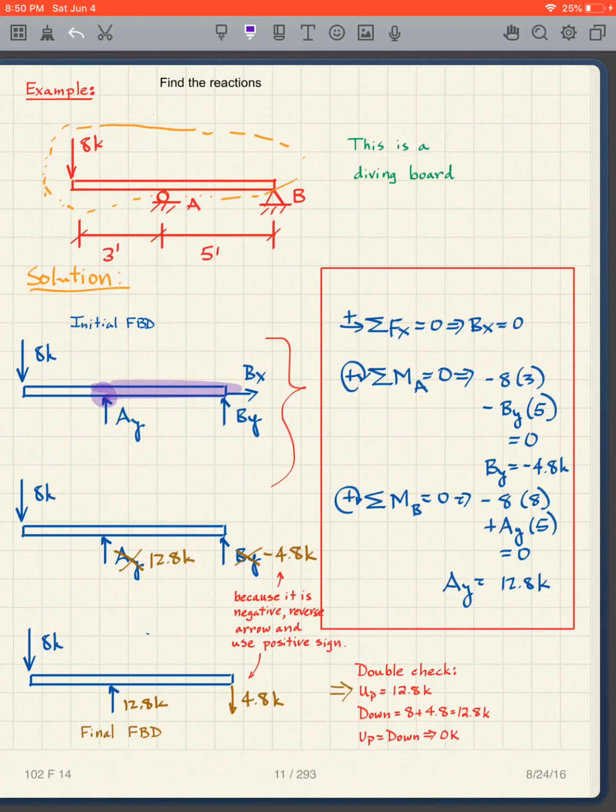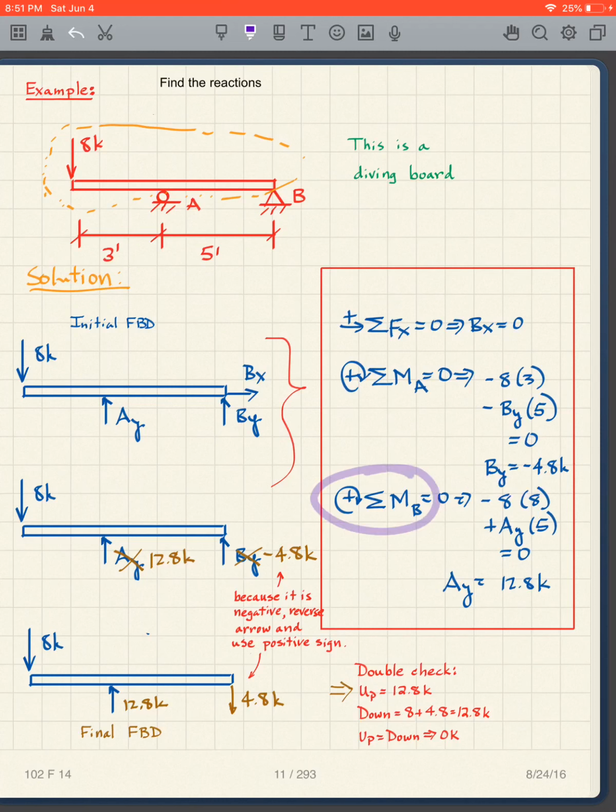For By, there's the hand of my clock. There's the force. What does it do to that hand of the clock? It sends it around point A like that. It's also counterclockwise, so it's negative. So I have minus 8 times 3 minus By times 5 equals 0, because everything equals 0. I solve for By, and I have to follow good algebra. That tells me By is negative 4.8.